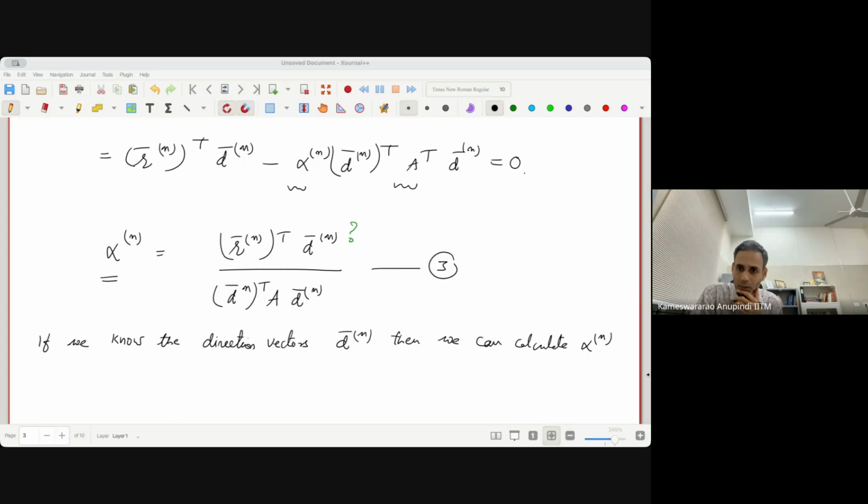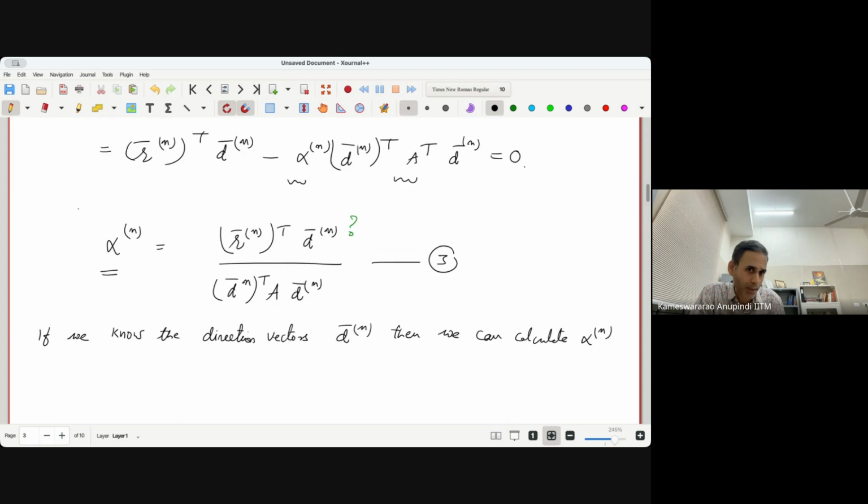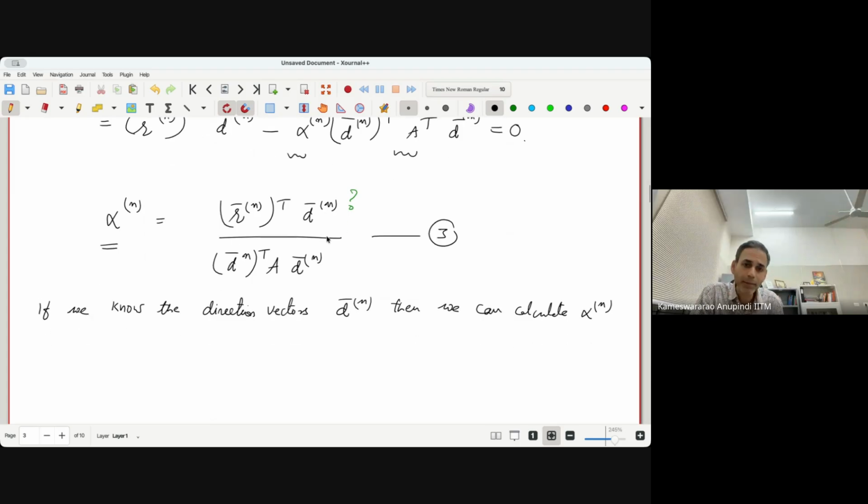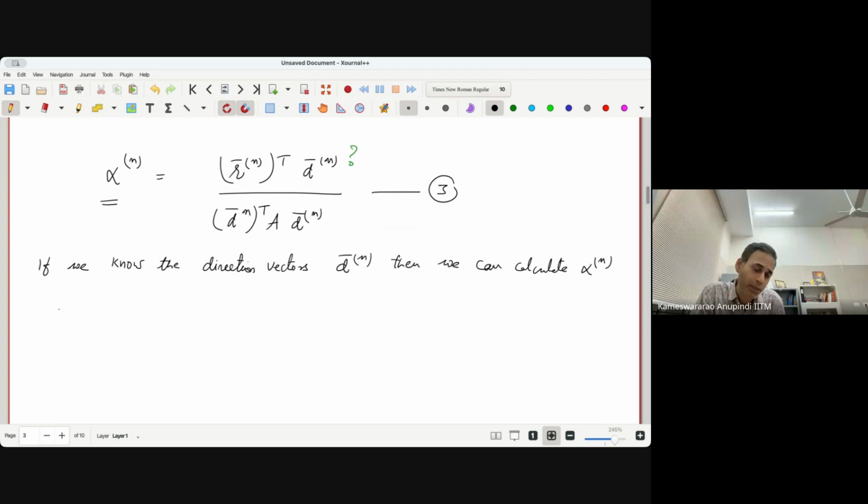Okay, so we were able to calculate alpha n, given the directions dn. But then how do we calculate the directions dn themselves? That is the question.